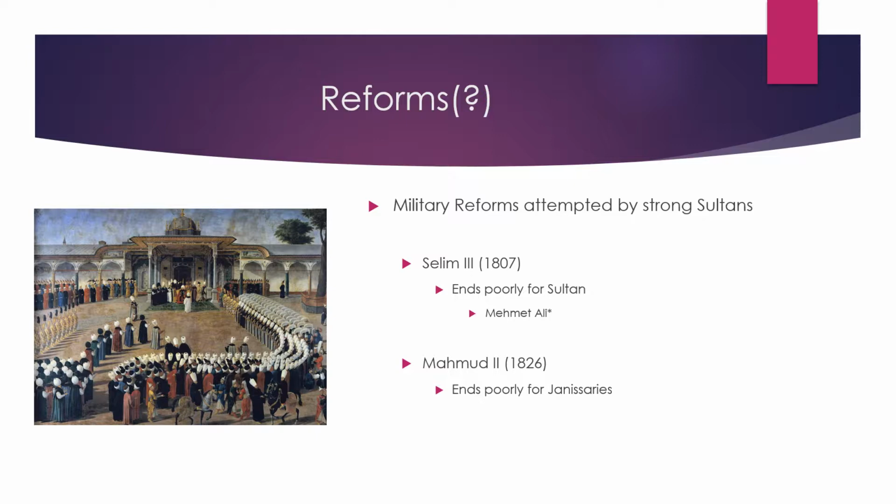Another student of that failed attempt at reform is someone named Mahmud II, also a sultan. He, in 1826, remembers the lesson that Selim III unfortunately did not live through and is able to turn the tables on the Janissaries, essentially wiping out the Janissaries as a military force, quite literally.